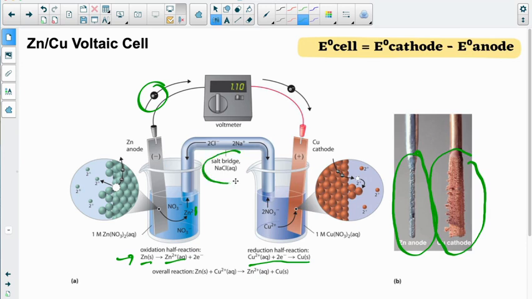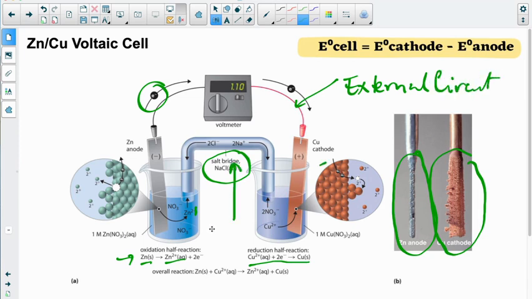The salt bridge, we're going to take a look at it, actually completes the circuit. Sometimes you will see some textbooks call the wire the external circuit, and the salt bridge the internal circuit. So, in the external circuit, in the wire, you have electrons that are flowing.